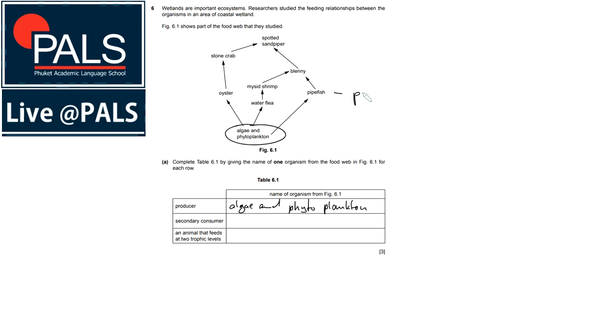These are primary consumers, which means an example of a secondary consumer is either the blenny, which eats the pipefish. It's a tertiary consumer as well. If we look at the food chain, phytoplankton, water flea, mysid shrimp, and blenny, but going through the pipefish, it's a secondary consumer. So the mysid shrimp is a secondary consumer as well, or the stone crab.